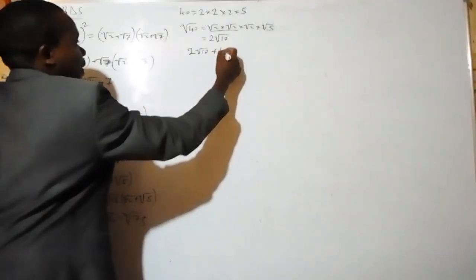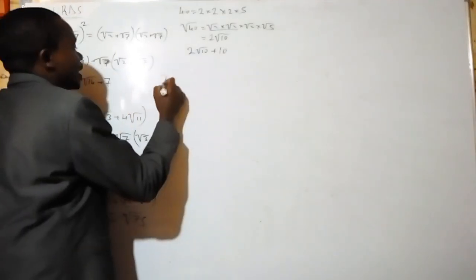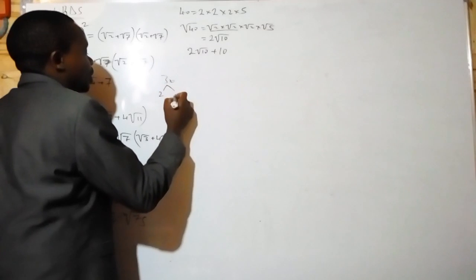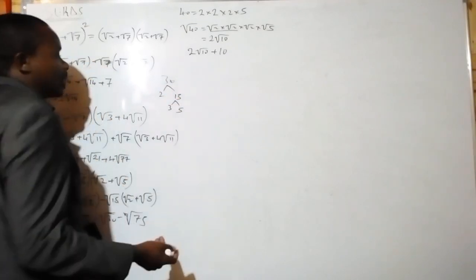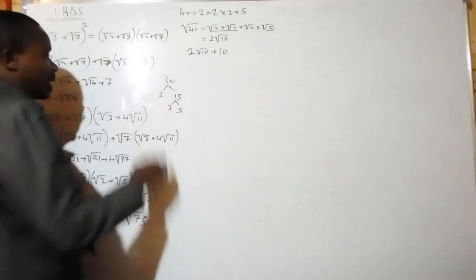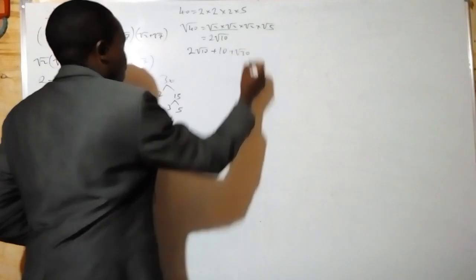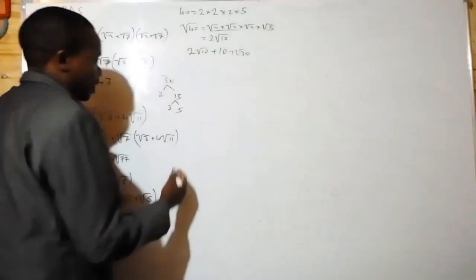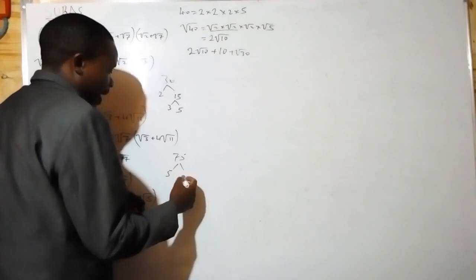Next, 30. 30, let's see, 2 because of 15, 3 because of 5. You don't have any common number, so we are going to just take it as root 30. Then 75. Out of 75, I can see 5 and 5.